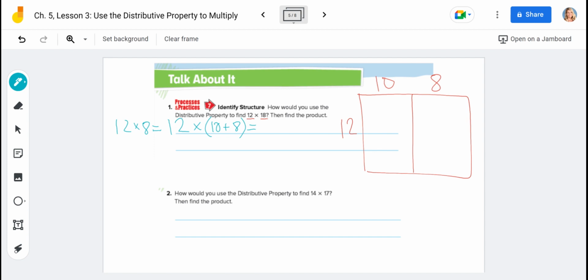All right, now I'm going to go back to last chapter where I say 12 times 10, decompose, multiply. 12 times 8 is 96. And then whenever I add these two together, 120 plus 96.